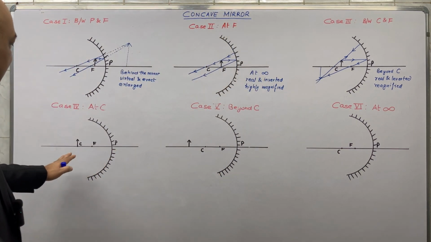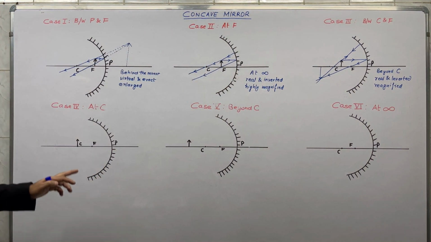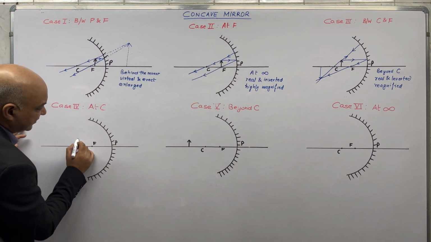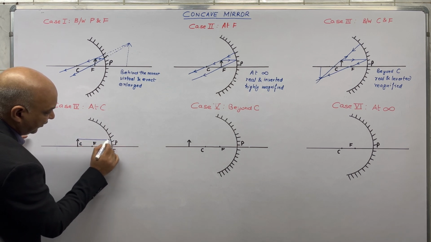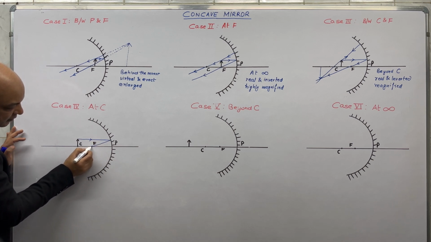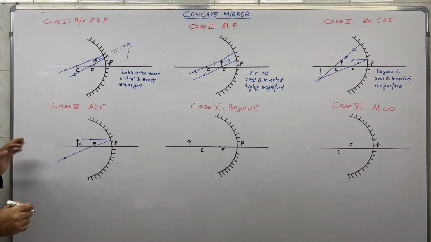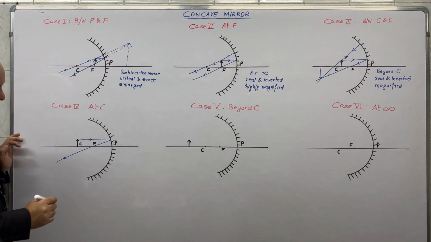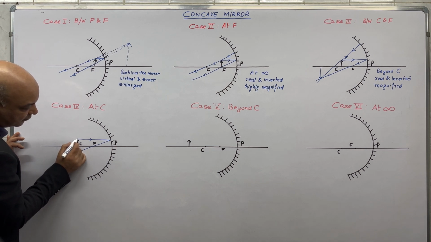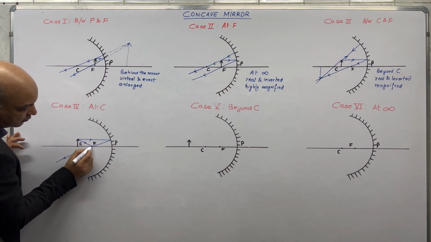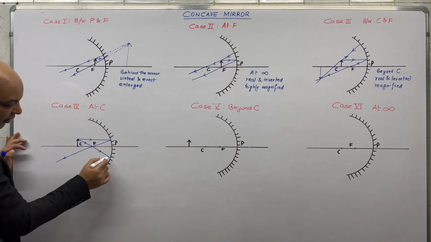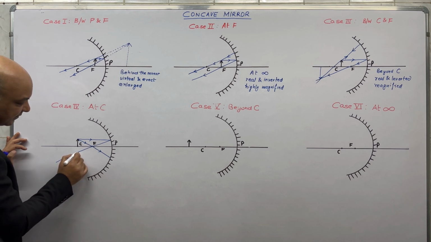Then moving on, our case 4 is when the object is kept exactly at center of curvature. So this is slightly interesting. First ray parallel to the principal axis. After reflection passes through focus, and the second ray, let's say, passing through focus, after reflection it is going to become parallel to the principal axis.